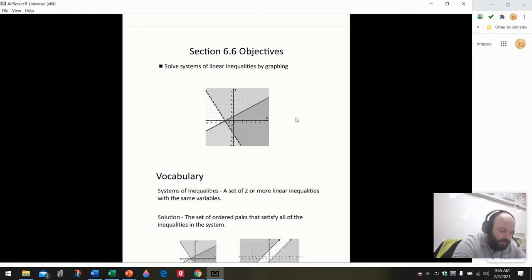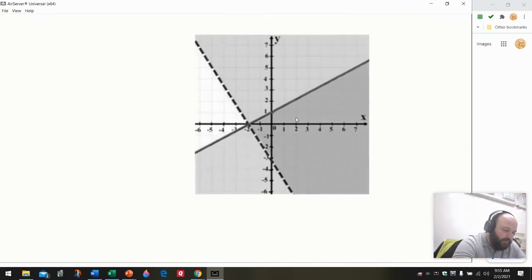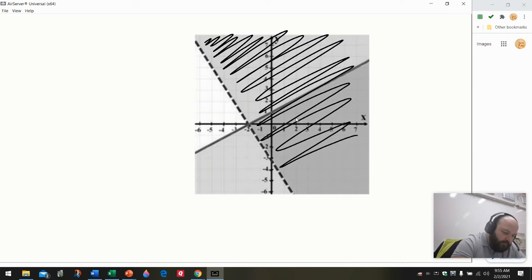So let's take a look here. What you see, and this is a little tricky because the notes themselves are in black and white, but if I were to use two different colors, I'd use black there, and all the shading for this black line would be over here. Now the second line that I have would be this straight line right here. It's a solid line, and I'll show you why the difference is.